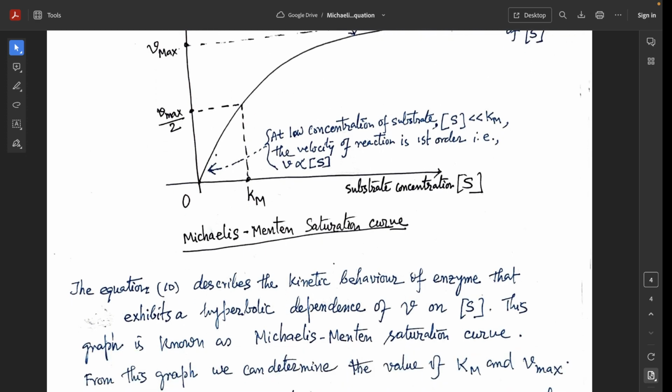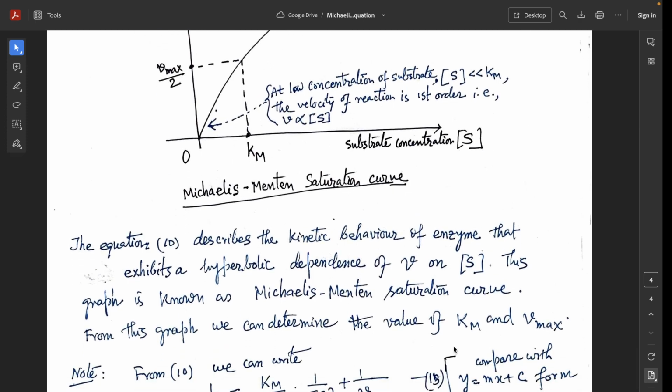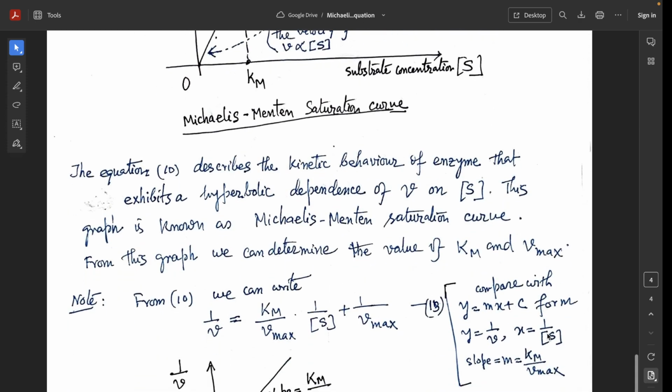From this graph we can determine the values of Km and Vmax.